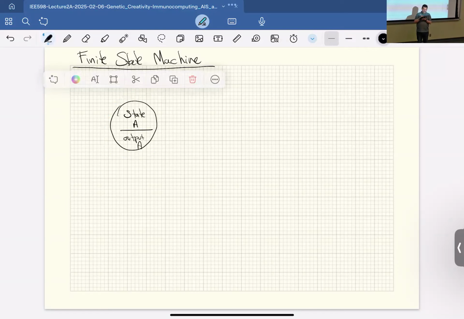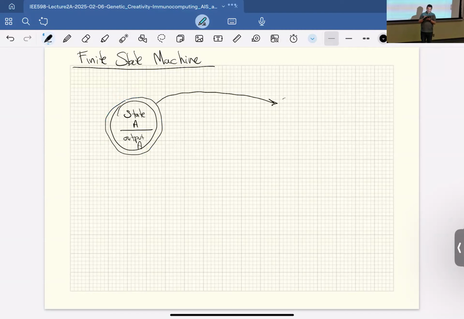Then based on the inputs from the environment, it could transition to some state B, which might itself produce some output B.